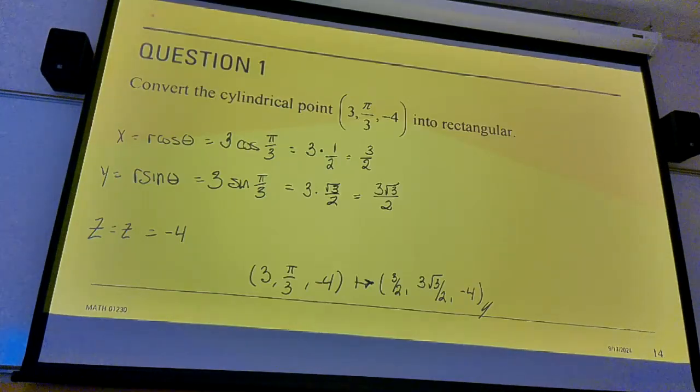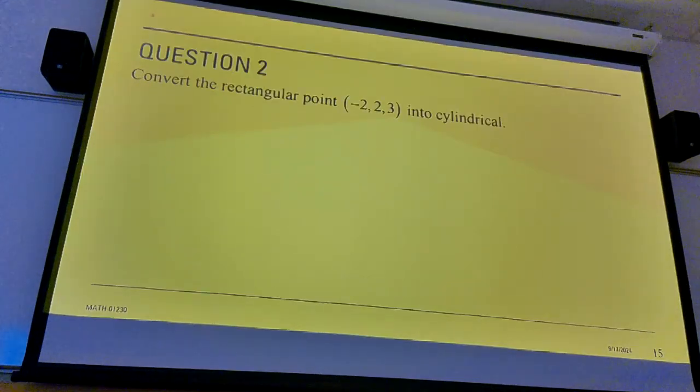Rectangular to cylindrical. r squared is x squared plus y squared. Negative 2 squared plus 2 squared.